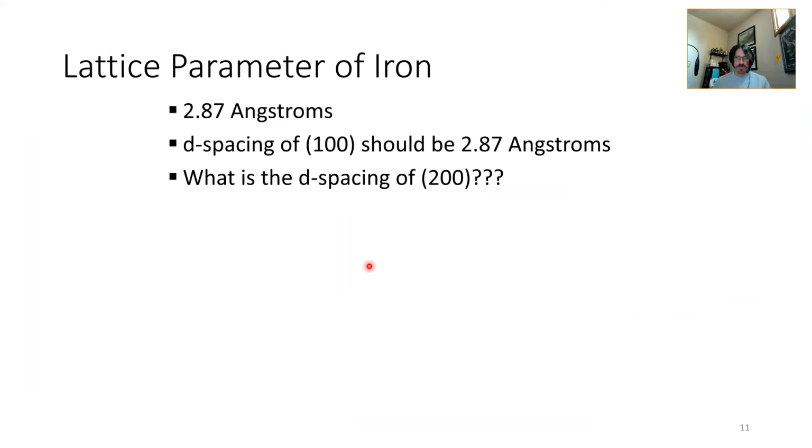So let's work out a quick problem based on the lattice parameter of iron. The lattice parameter of iron is 2.87 angstroms. The D-spacing of 100 is 2.87 angstroms. It's cubic, so we know.